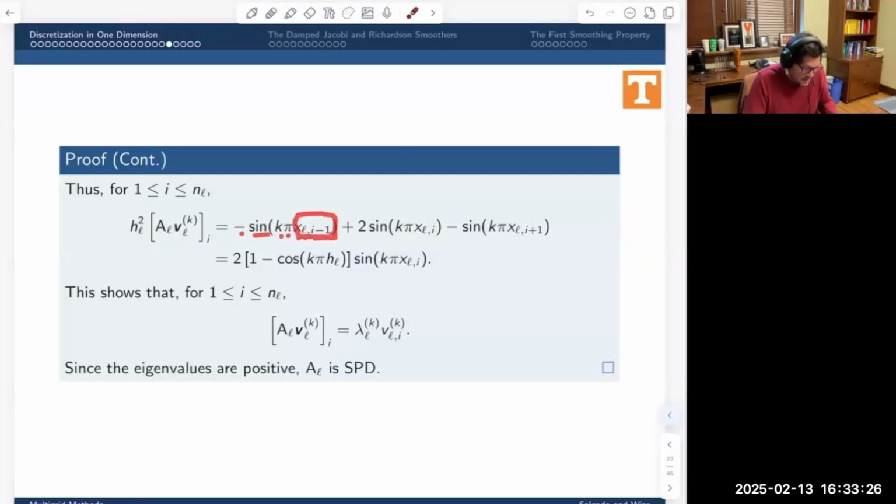Remember, this is a cell-centered point. Plus 2 times sine k pi xl I, that's a cell-centered point, minus sine k pi xl I plus 1. Now let's look at xl I plus 1. That's exactly equal to xl I plus HL.